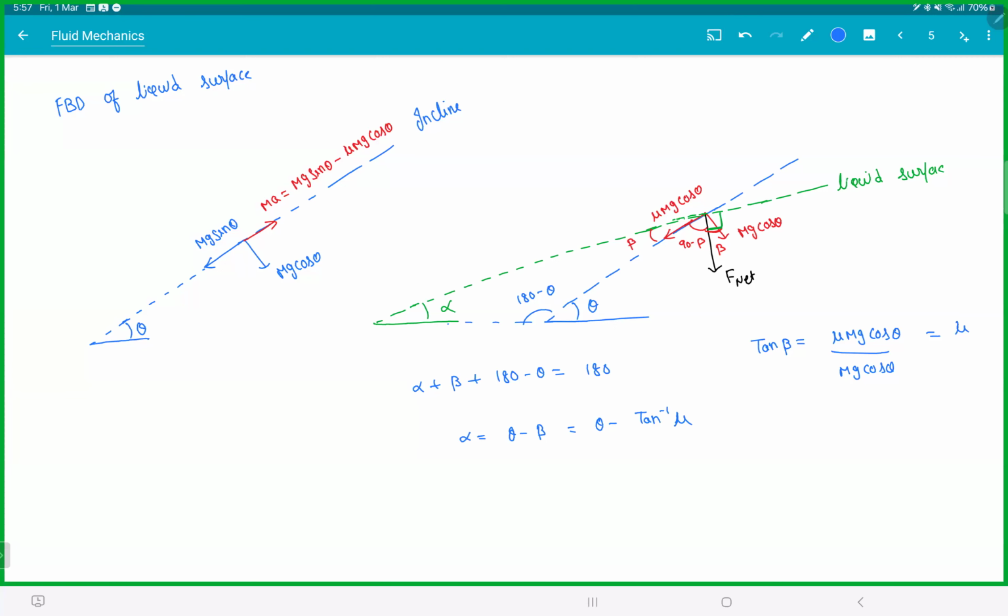Clear with this? Let's see one more. Any doubts? Anyone didn't understand any particular thing? I'm just worried about the diagram. It's little. I hope it is clear.